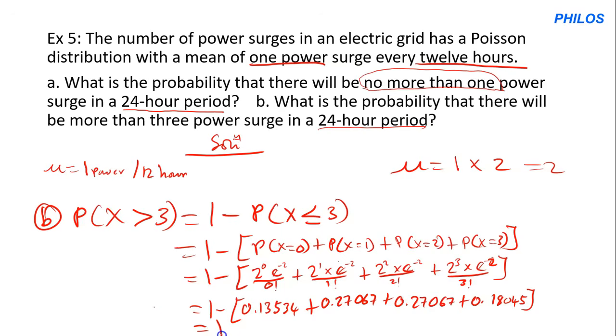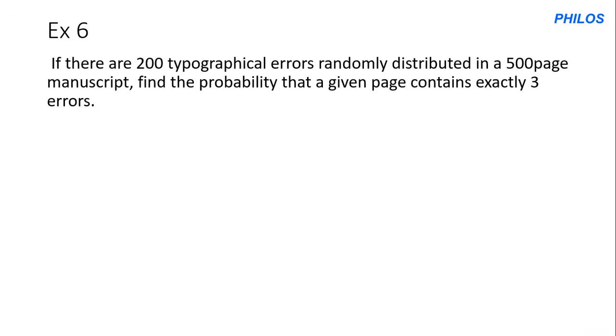When you add all the results in the bracket, you get 0.85712. So 1 minus 0.85712 gives us 0.14288. So the correct answer for question B is 0.14288 or 0.1429, in 4 decimal places. So let's proceed to the next question.